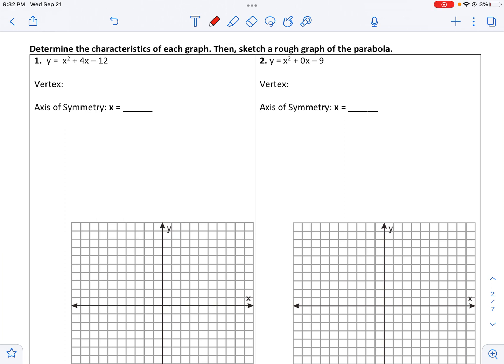I would encourage you to pause the video, get a piece of paper, and try to find your x-intercepts, your vertex, your axis of symmetry, and your y-intercept for these next two. So why don't you pause the video, try those, and then unpause to check your work.